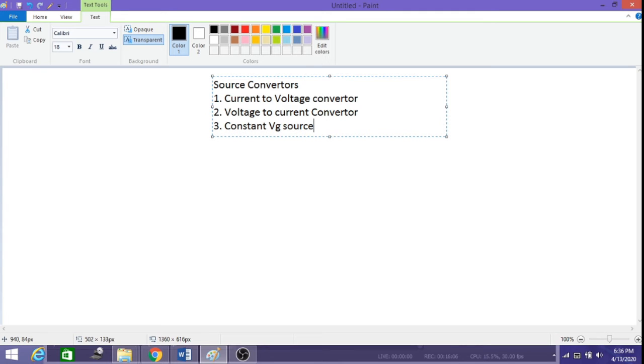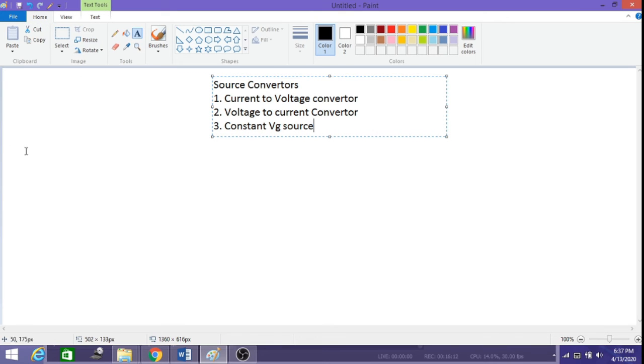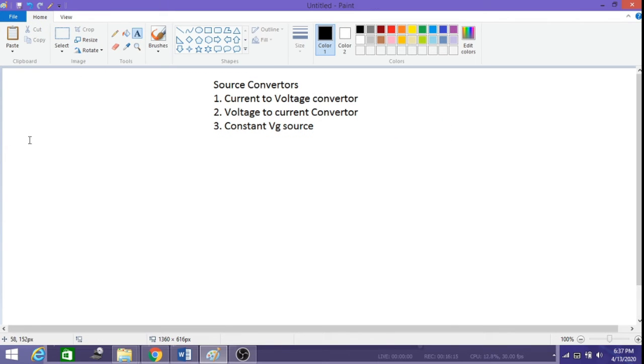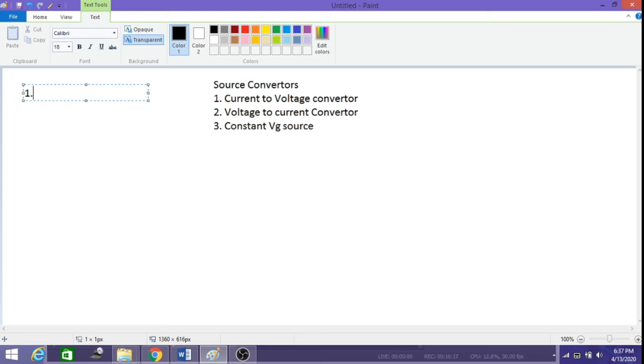So let me quickly take the first one, the first circuit, that is the current to voltage converter.